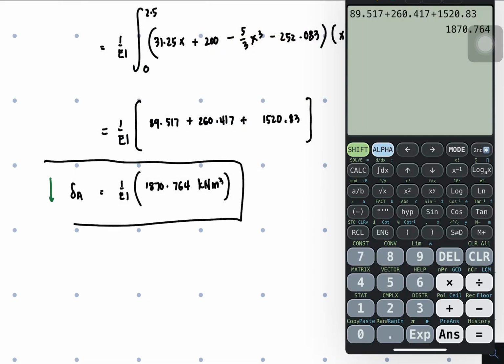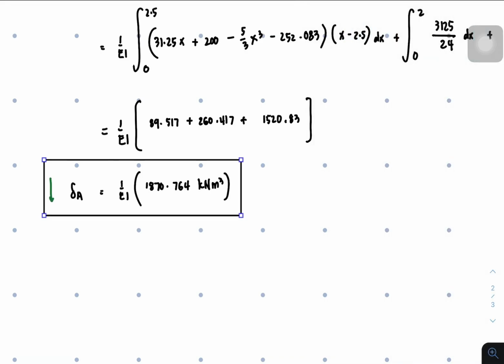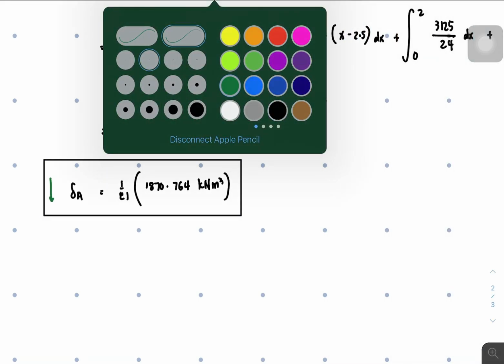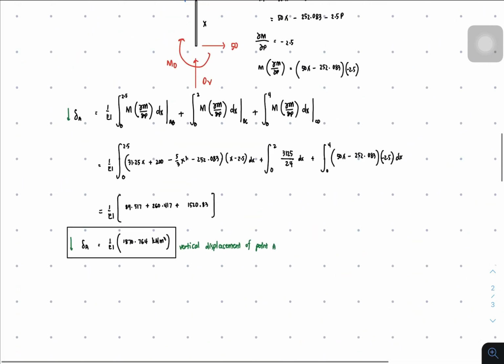So it should move downward because of the loading on the triangle. And this is our vertical displacement of point A. There.